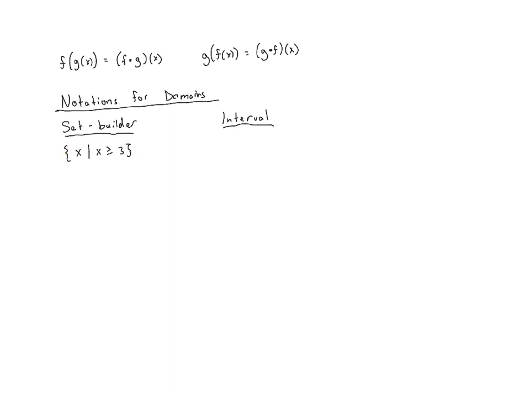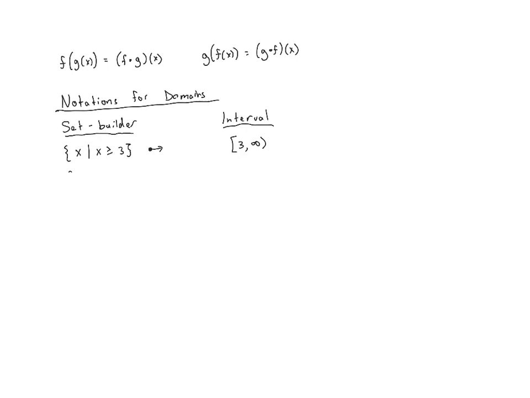Now, if x is allowed to be greater than or equal to 3, then if we were to draw a graph of this, we would put a closed circle on 3 and we would shade to the right. So expressing this in interval notation means we'd have a bracket and then a 3, comma, infinity parenthesis, because this interval starts at 3 and goes all the way to the right to positive infinity.